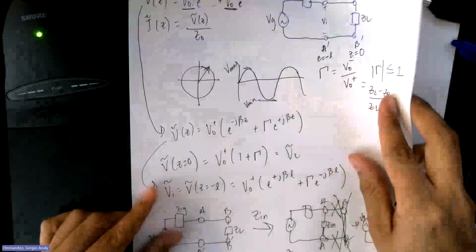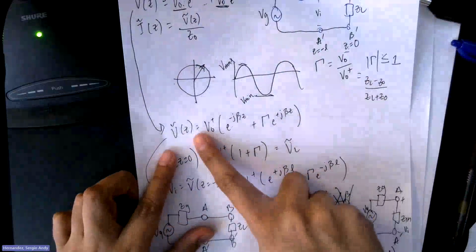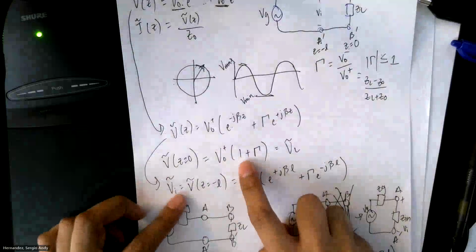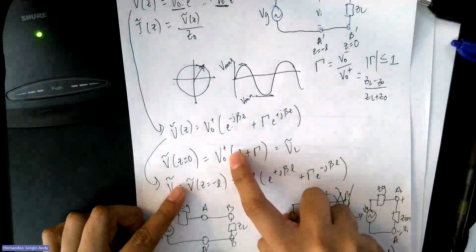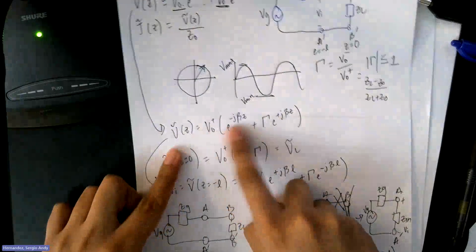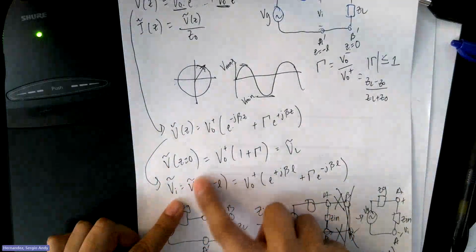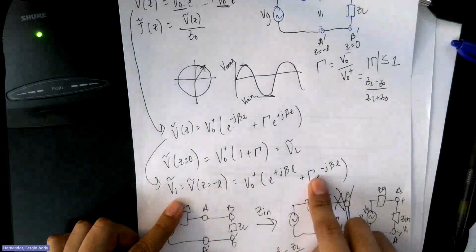So these equations I wrote down a bit ago, they're going to come into play. This one, right? Because you're given the voltage at the load, and then you're given the input voltage. So this will turn into this, which is your entire transmission line, which is this equation.